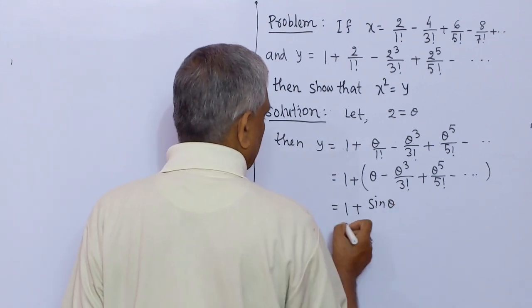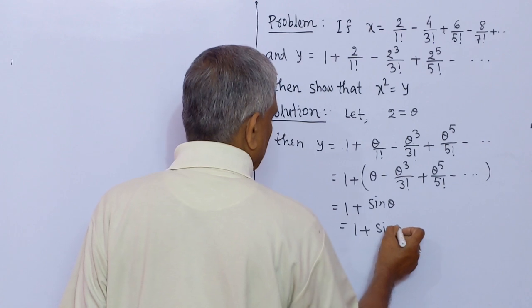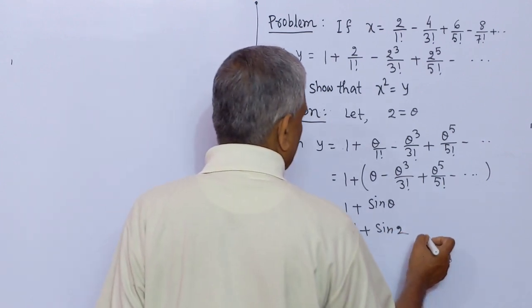This is 1 plus sine theta, meaning 1 plus sine 2. This is number 1.